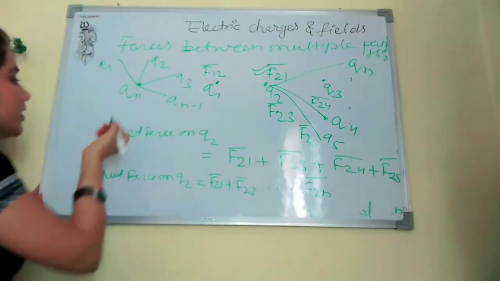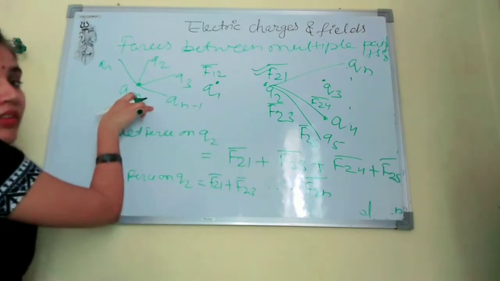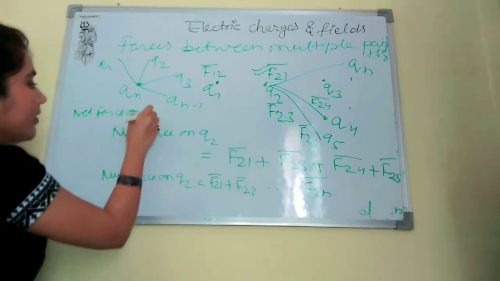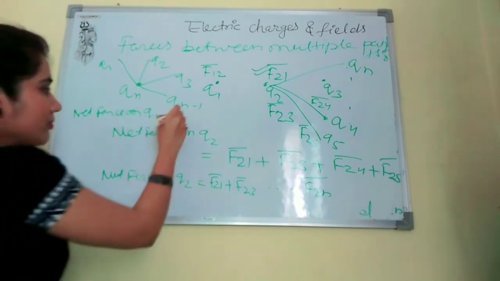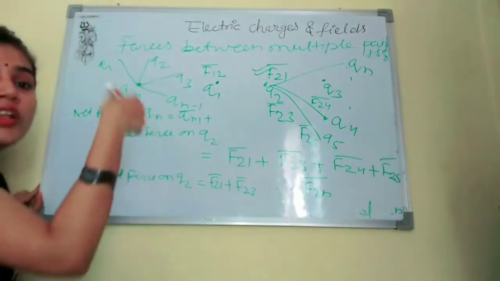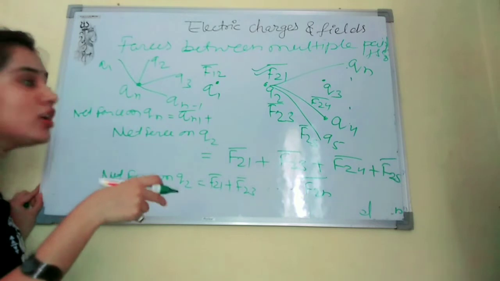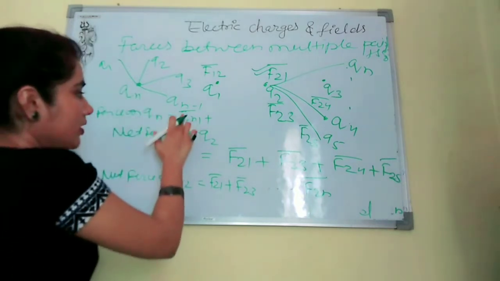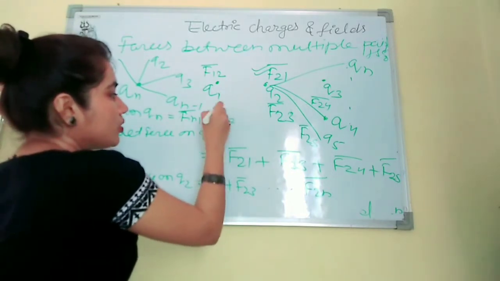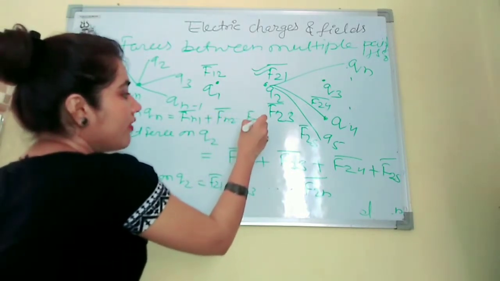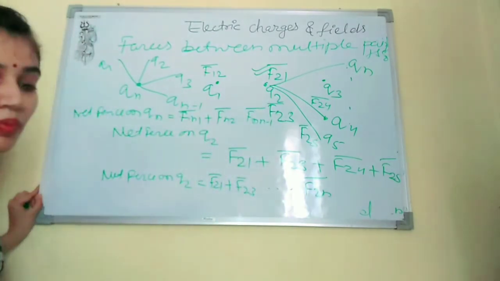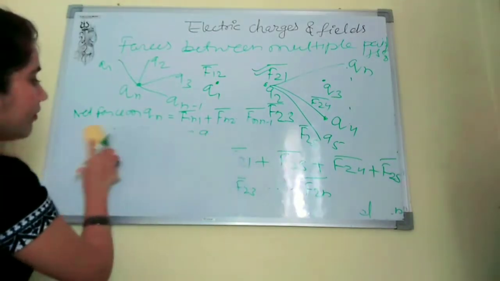So the net force on Qn is again the vector sum of all forces applied by all the charges. Vector sum of Fn1, Fn2 up to Fn(n minus 1).